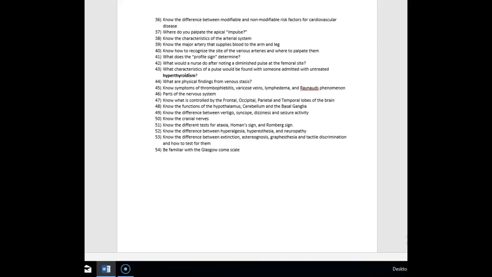Talked about that. And then lastly, when I asked you guys about the parts of the nervous system, I just want y'all to know the two parts, central and peripheral. Y'all should have known that from when y'all took anatomy. The central nervous system is the brain and the spinal cord.